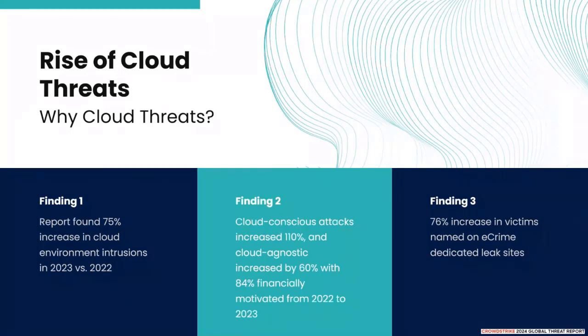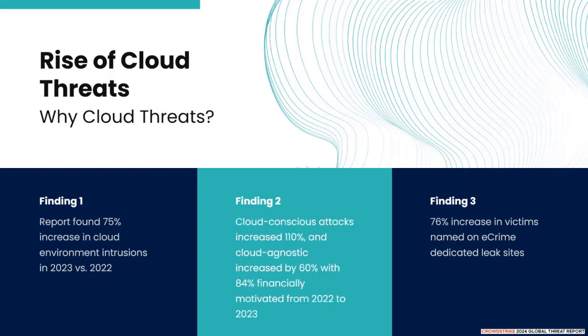Cloud-conscious attacks increased by 110%, and cloud-agnostic attacks increased by 60%, with 84% financially motivated, from 2022 to 2023. What do we mean here by cloud conscious? Cloud conscious is the term referring to a threat actor or an attacker who is aware of the ability to compromise cloud workloads and uses this knowledge to abuse features unique to the cloud for their own purposes.